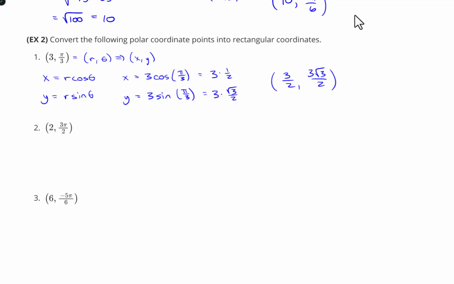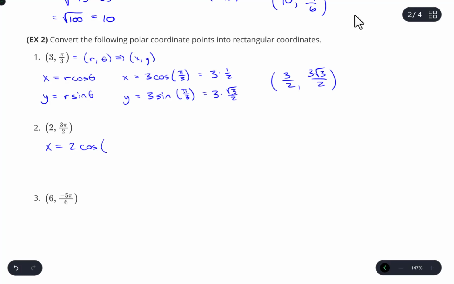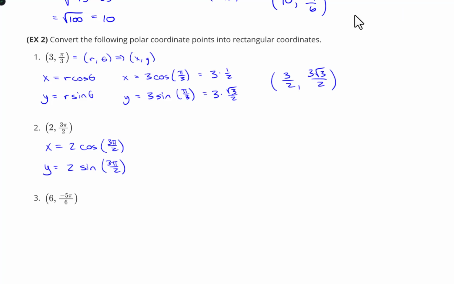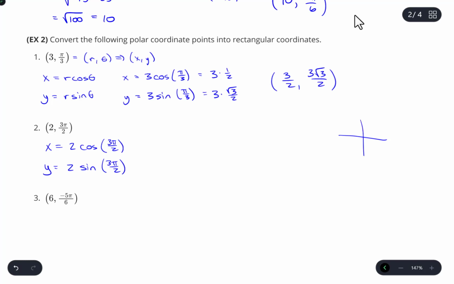The next one, we would get the x-coordinate by doing 2 cosine of 3 pi over 2, and the y-coordinate from 2 sine of 3 pi over 2. Now, if you don't recognize this as a quadrantal angle, you could certainly use the calculator to get the values of sine and cosine here, but 3 pi over 2 is this quadrantal angle right here, and on the unit circle would be a point which is at 0, negative 1.